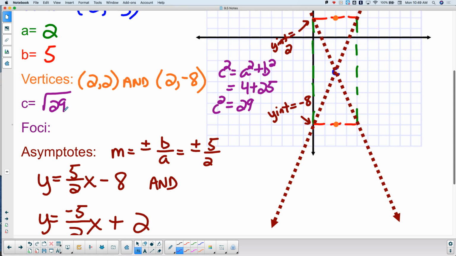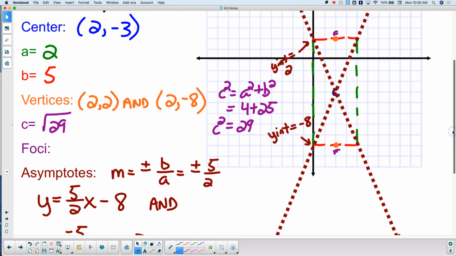So the square root of 29 is a little bit more than 5, right? So that puts it here and there. Or if I scroll up just a little bit more, I would add and subtract the square root of 29 to the -3 because that's the up and down of my center.